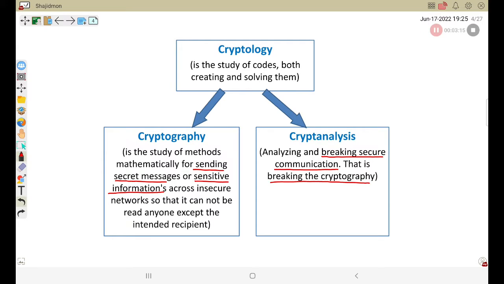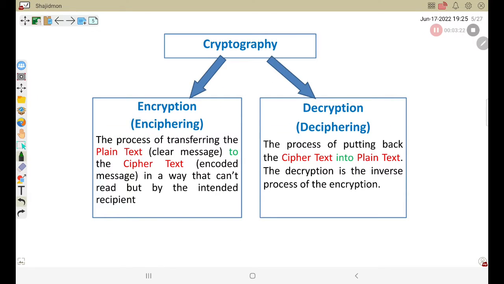Now we will concentrate more on cryptography topics. Cryptography has two parts: one is encryption, and the second is decryption. Encryption, or enciphering, and decryption, or deciphering.